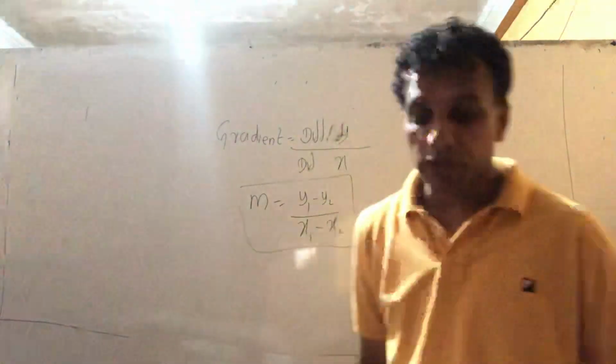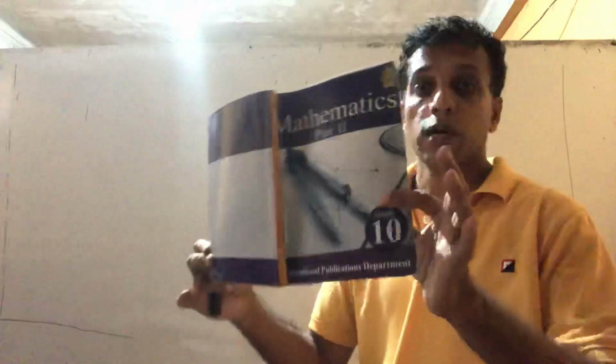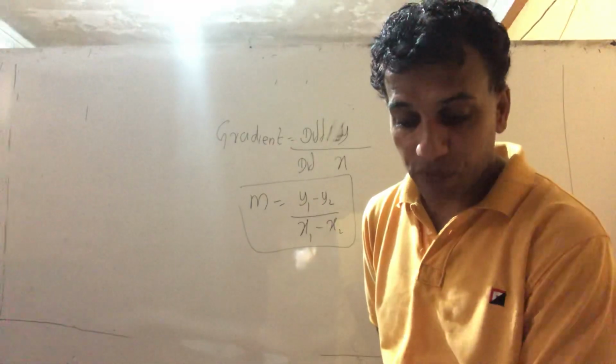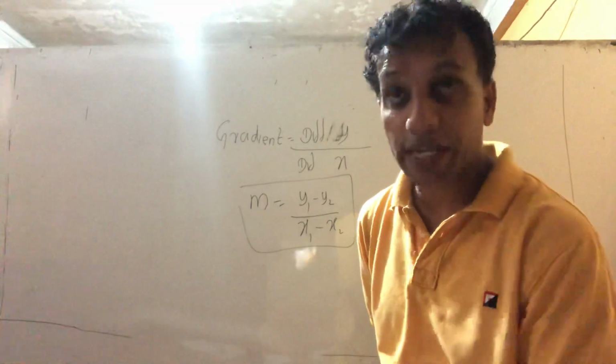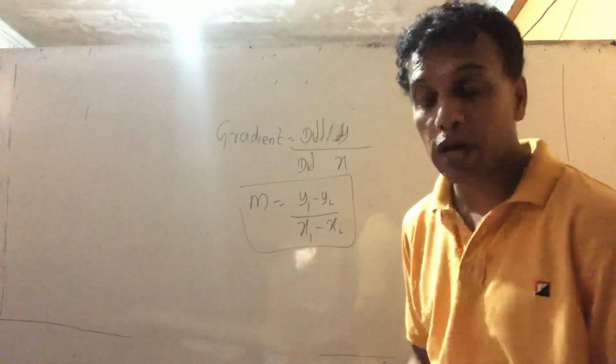Okay, now we see quickly the problem in the book, grade 10, page 24. Calculate the gradient of the straight line that passes through each of the pairs. The best problems to improve this formula.